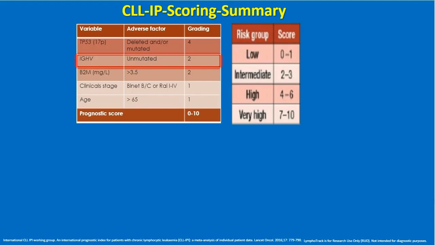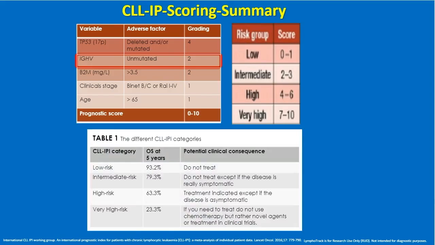Based on this grading, the clinical consequences are as shown here. Low risk patients have more than 90% overall survival at 5 years, intermediate roughly 80%, high risk roughly 60%, and very high risk patients about 20 plus percent overall survival. There is also a treatment indication.